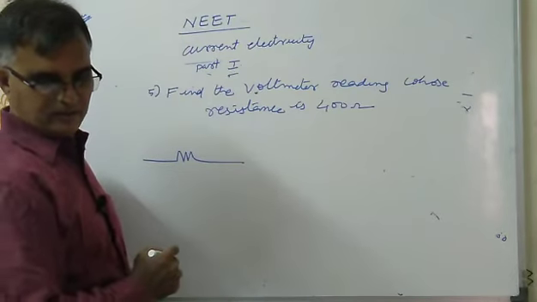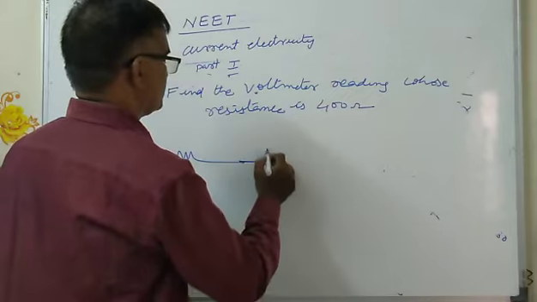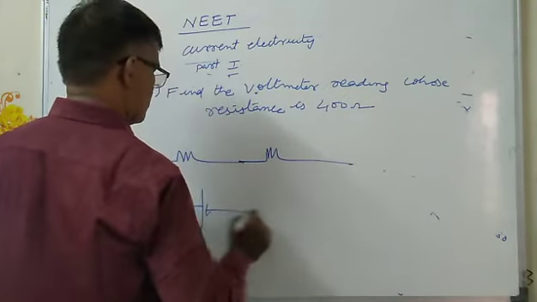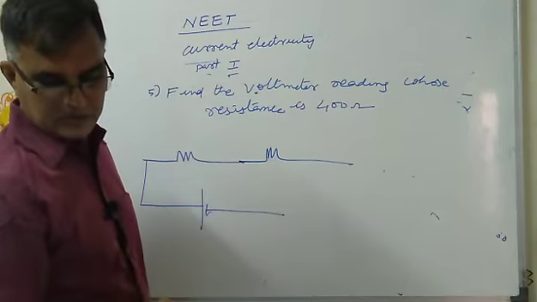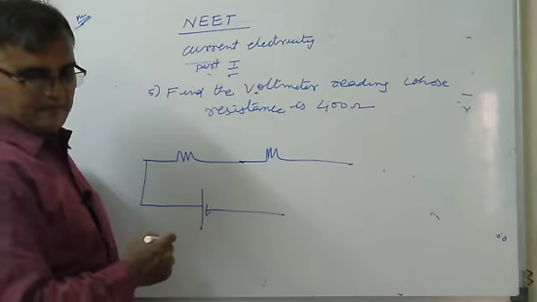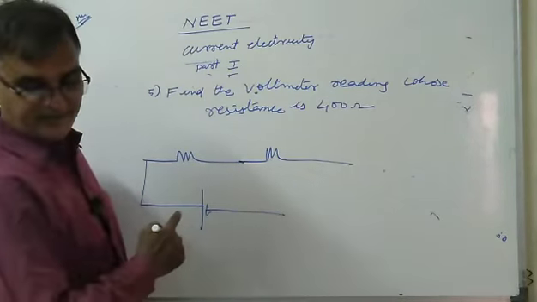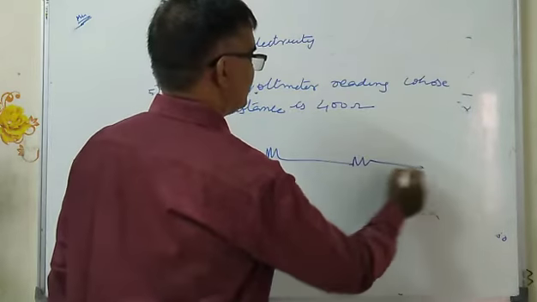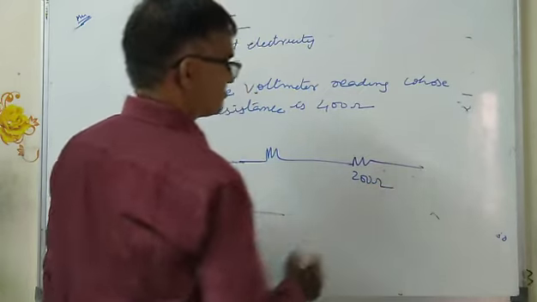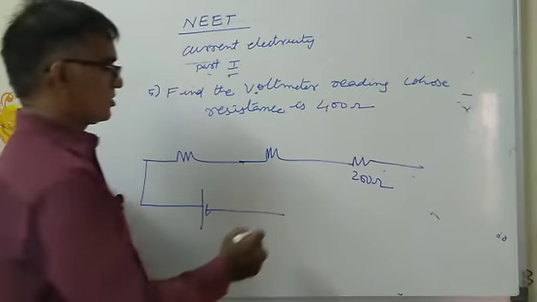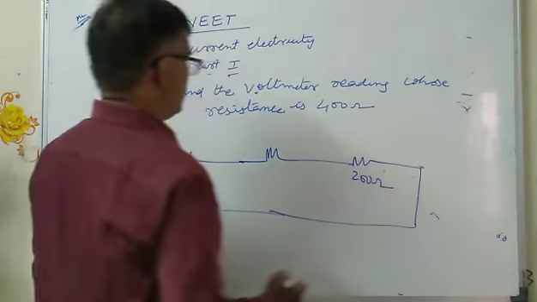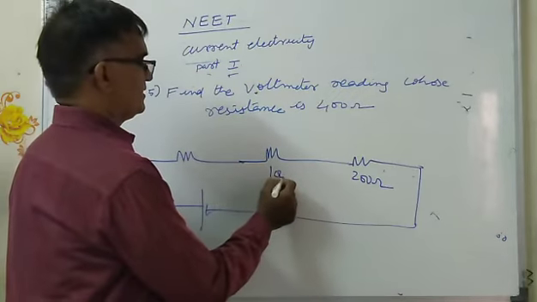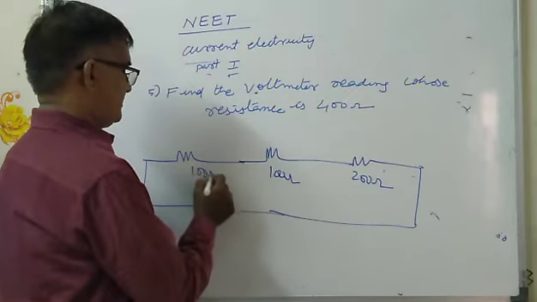100 here, also 100. Now in this, 100 here is a continuation, 200, and connected here like this. Next we have here 100, here also 100.